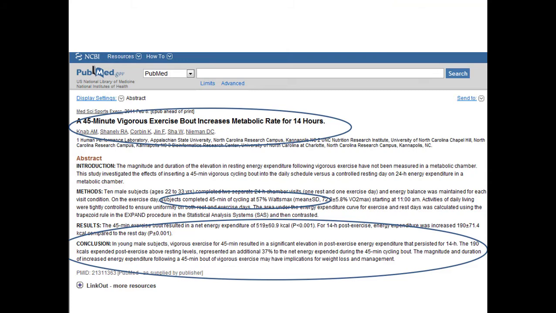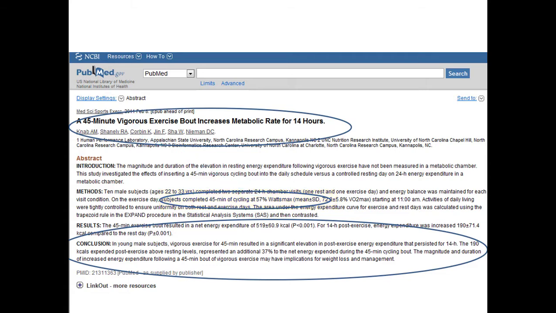So subjects completed 45 minutes of cycling at 50% watt max. Max watt is watt max. So 57% is not really high intensity exercise, but it is still vigorous activity.